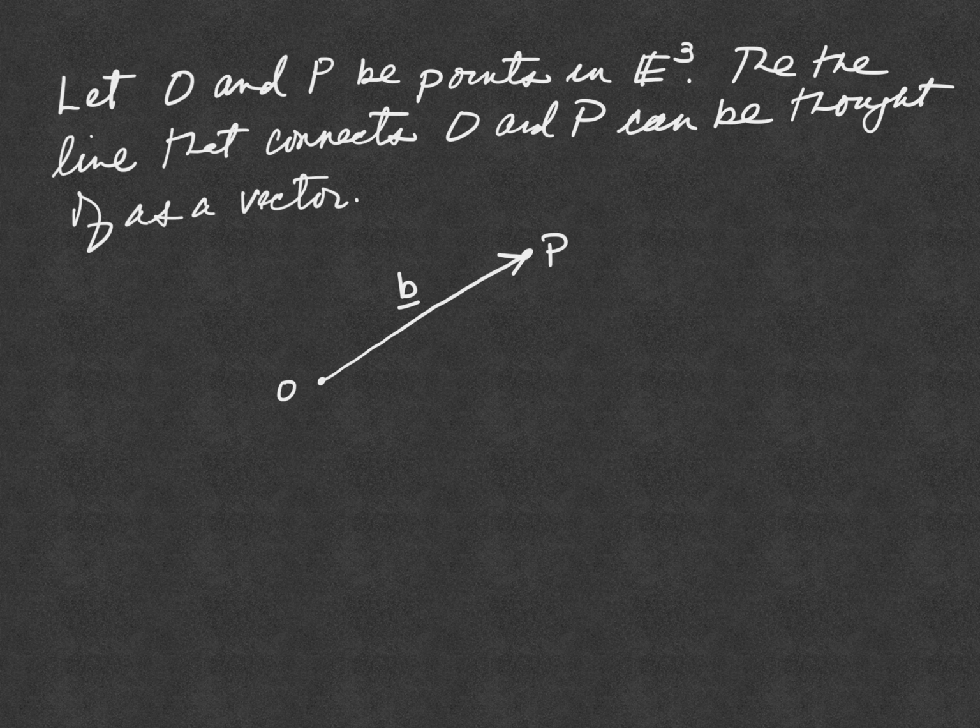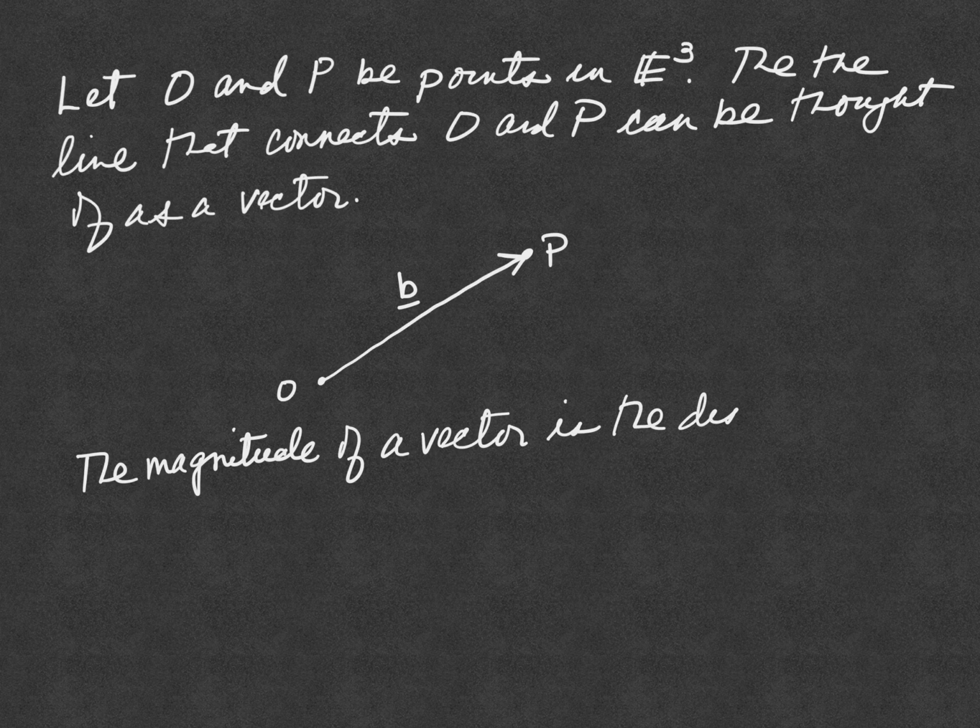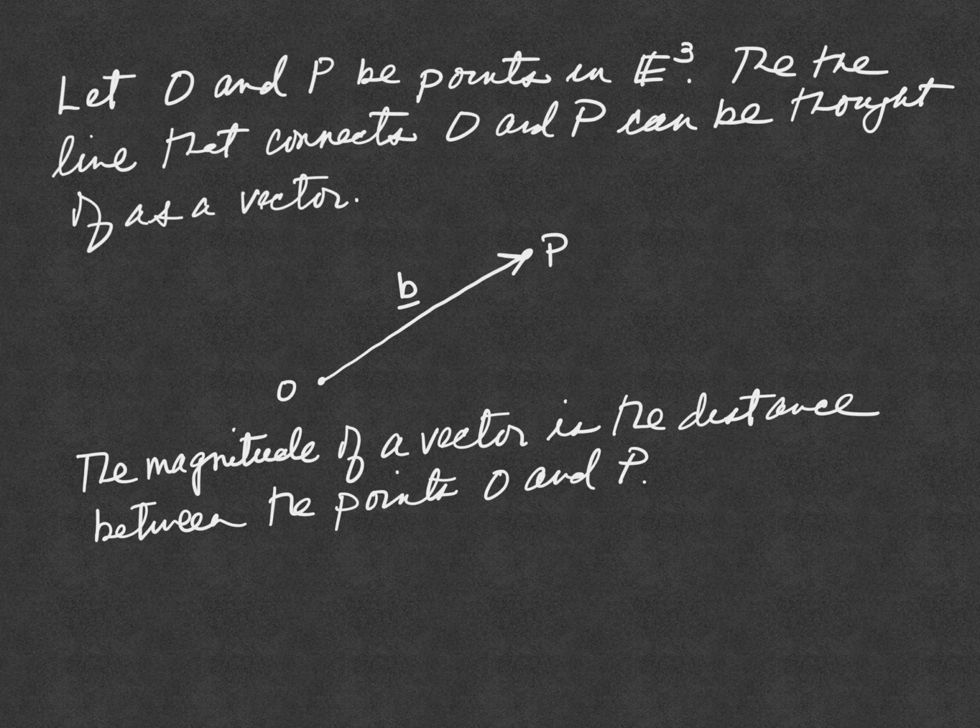Now, it can be seen that there's a distance between O and P, and there's a direction from O to P. So the magnitude of a vector is the distance between the points O and P. Now, that's in this context here, but it's true in general anyway, which is that the magnitude of the vector is the distance between these points.